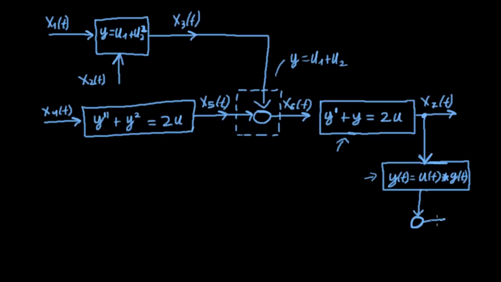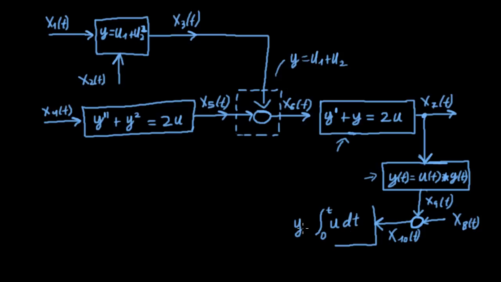And again, maybe the output of this system can be added up with some other input. Let's call it x8 of t, and this is x9 of t, and the result is x10 of t, and this could pass through, for example, an integral from 0 to t of u dt.